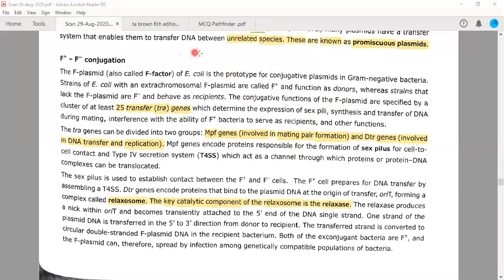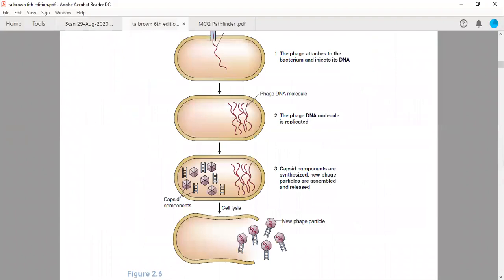So the pilus made by these transfer genes present on the F plasmid not only has a role in the transfer of genes from one bacterial cell to another via conjugation, but it also has some other role. So what is the second role of this? Here it is given.